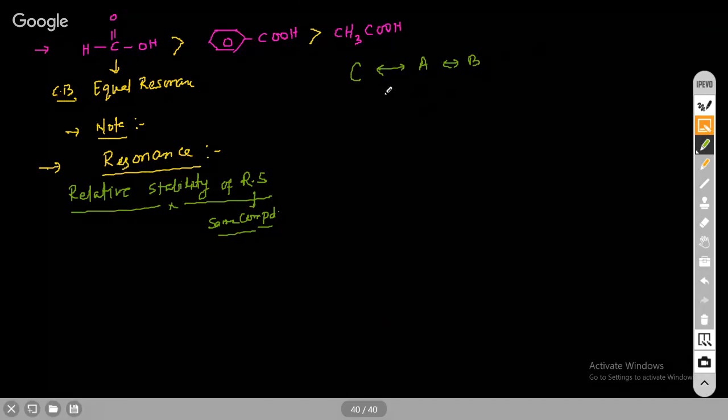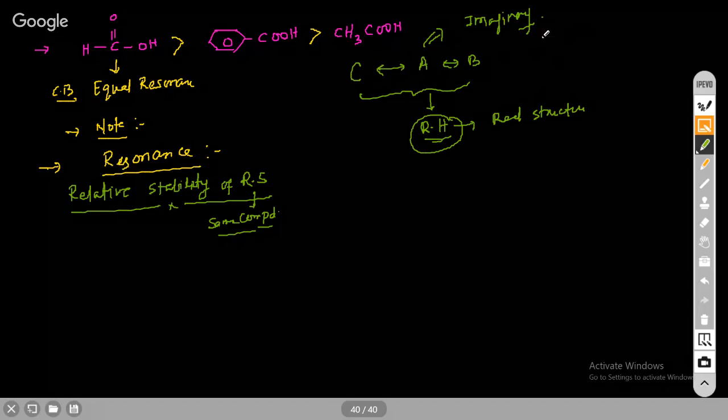These three structures combine together and give the resonance hybrid, which is the real structure, the true structure of the molecule, and these are imaginary, hypothetical structures, not true. The actual molecule will not exist in any of these three resonating structure forms, but will exist in the resonance hybrid. All these things, yes or no, tell me fast.